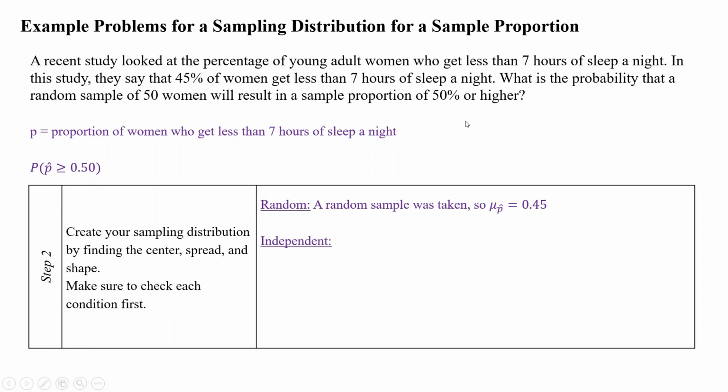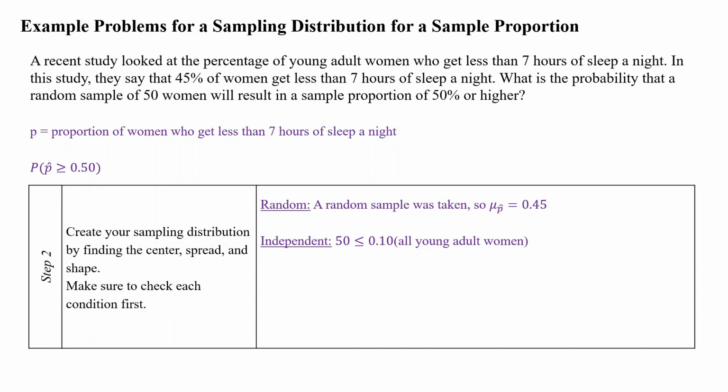Independent. We call it independent because we technically want to make sure that whether we're sampling or doing an experiment, we have independent samples. Because we are collecting a random sample, we have to check that 10% condition. So here's an example of what I say when we put our population into words. Our population is young adult women, and we don't know how many young adult women there are.